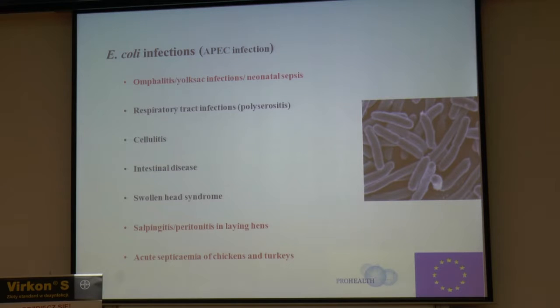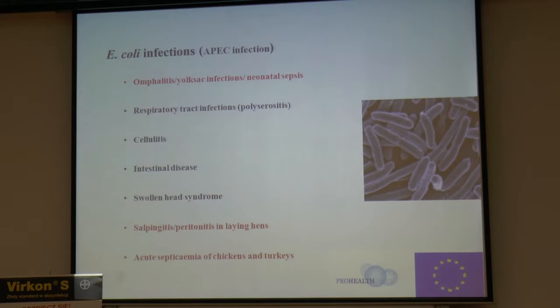Of course, respiratory tract infections, as Jaakko said, are also very important when we talk about coli. Cellulitis, intestinal disease is not common in poultry. Swollen head syndrome, we also have quite a lot of literature on that, but it's definitely not within this project. Then we come to the salpingitis peritonitis disease in the laying birds.